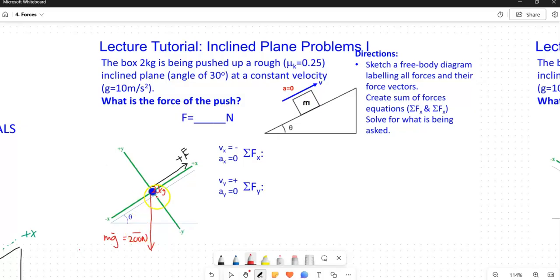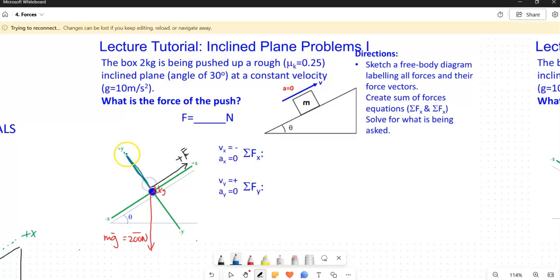Now, the only other thing physically touching the object is the surface. The surface is going to have two components, like we have learned. First of all, the surface has to hold the object up, so that's going to be the normal force, pointing in the positive y direction.